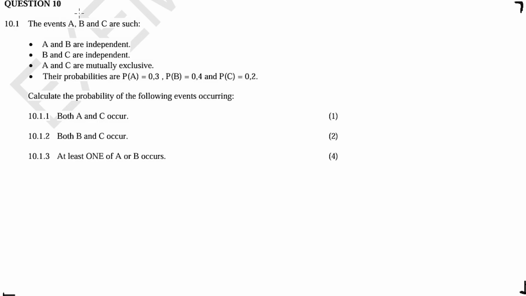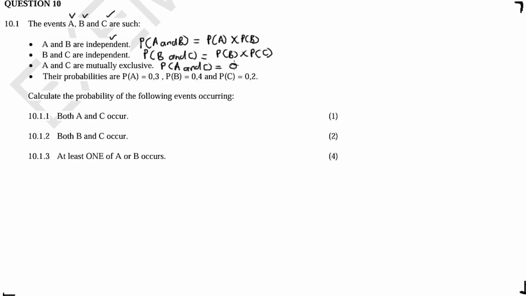We are given our events, all three. Events A, B, and C are such that A and B are independent, meaning that the probability of A and B is equal to the probability of A multiplied by the probability of B. Then B and C are also independent: the probability of B and C is equal to the probability of B multiplied by the probability of C. A and C are mutually exclusive, meaning that the probability of A and C is equal to 0.